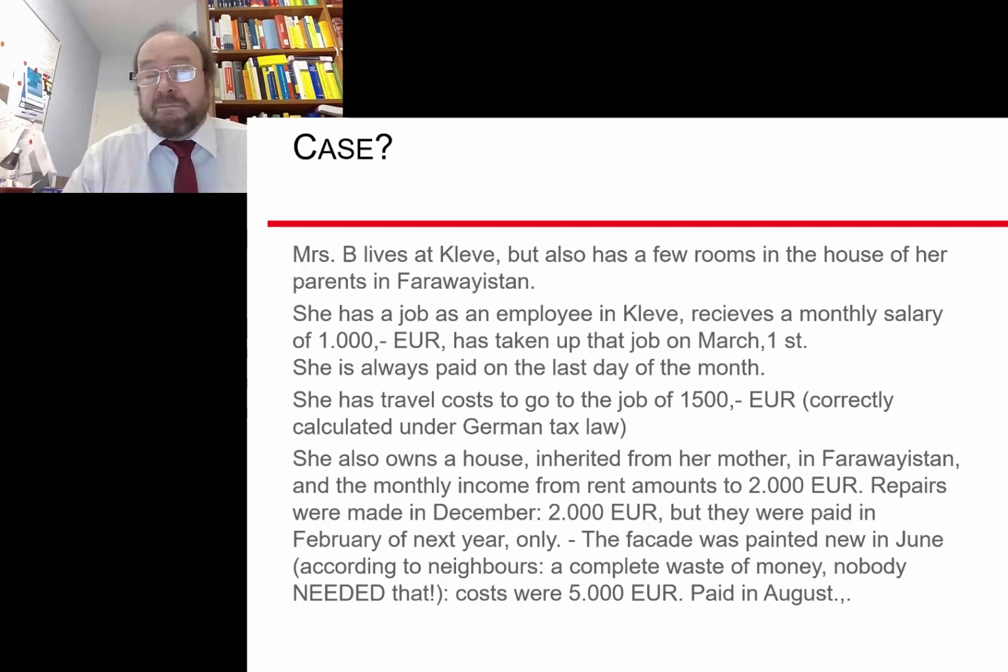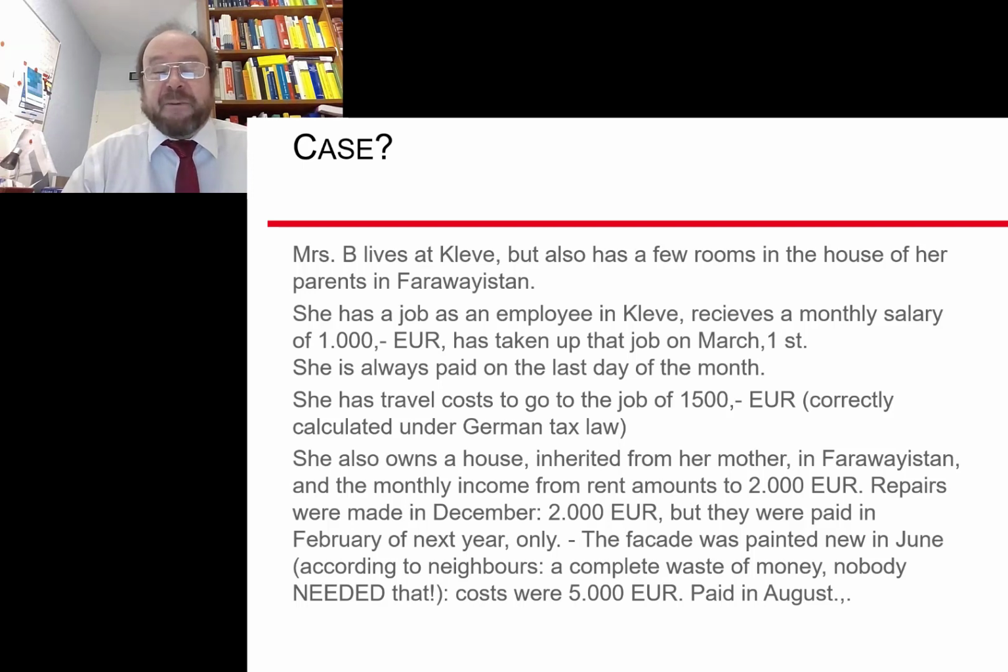Mrs. B lives at Kleve, but also has a few rooms in the house of her parents, far away in Faroestan. And so she has 2 homes. She has a job as an employee in Kleve, receives, well, here you see that's a minority view on orthography. So it's simply spelled wrongly.